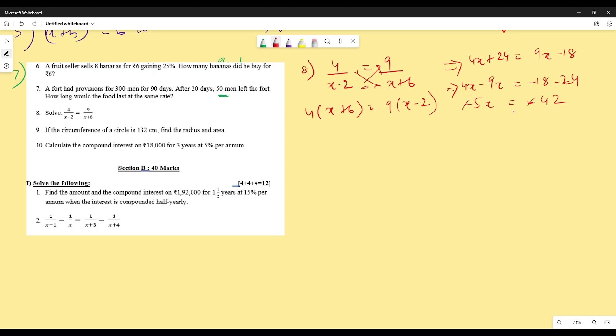Both of them have a minus sign over here. x equals 42 by 5, right? So the answer that you will get over here is 42 by 5. That is the solution which you will be coming up with.